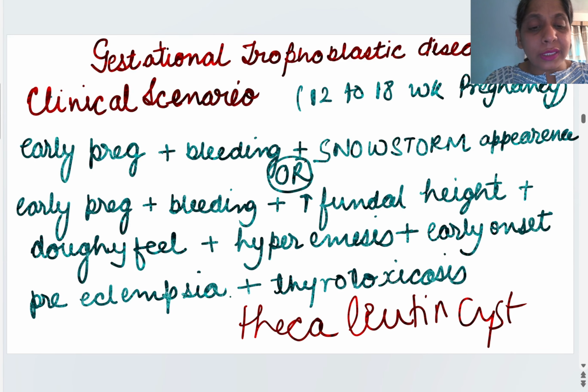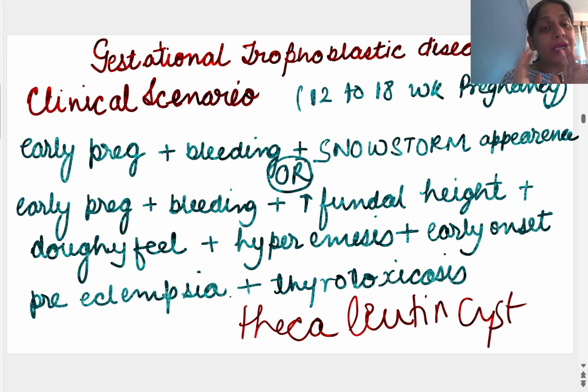Now what clinical scenario do they give you in gestational trophoblastic diseases? See, in an early pregnancy, not 6 to 8 weeks, early pregnancy here means 12 to 18 weeks, the patient will have bleeding.